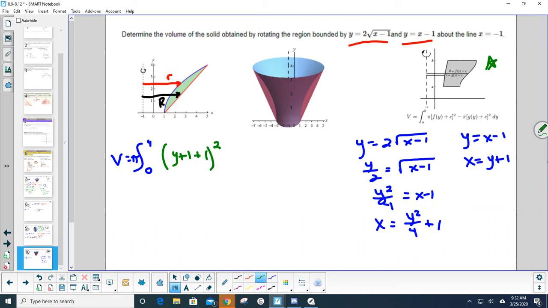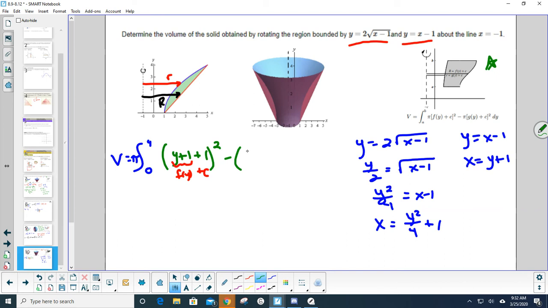So if I'm looking at my cheat sheet over here, this is like my f sub y plus my c. And then I'm going to say minus. Now we've got to do little r. If we're going to do little r, we are going to be going from here to here.